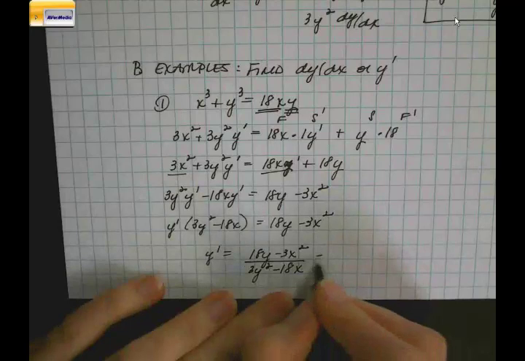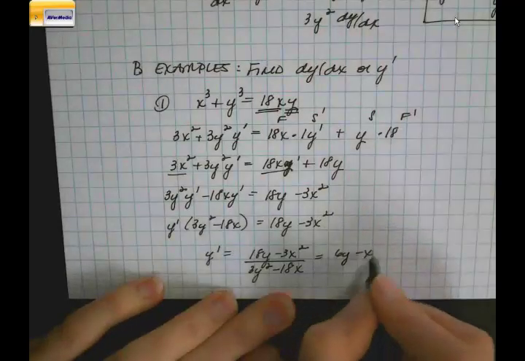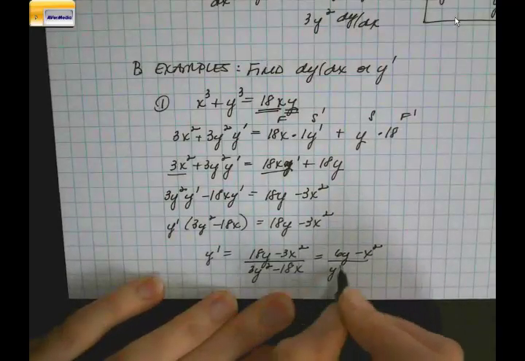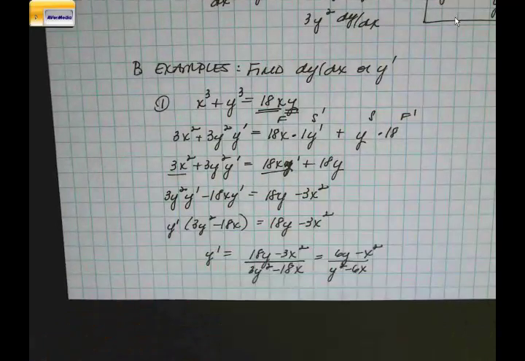So we took a 3 out of the top and a 3 out of the bottom, and this would be 6y minus x squared over y squared minus 6x, and that's what y prime equals. I took a 3 over a 3, or a 1. I factored something equivalent to 1 out of that rational.